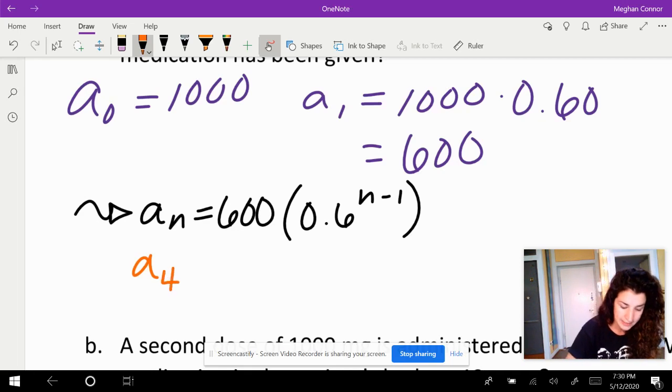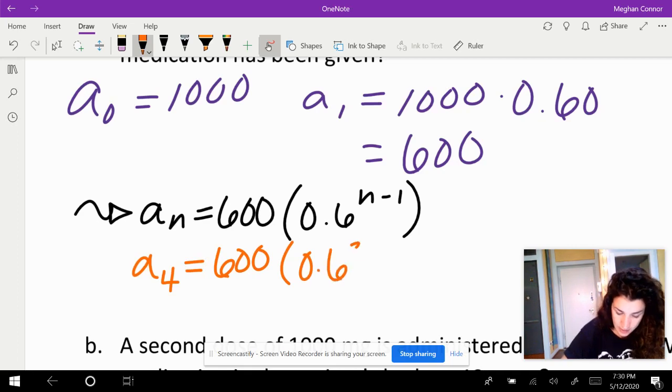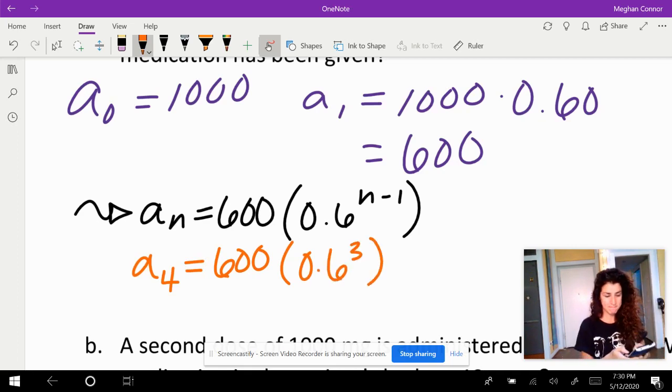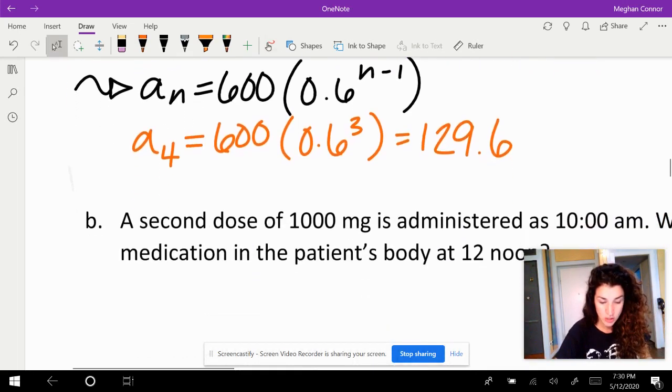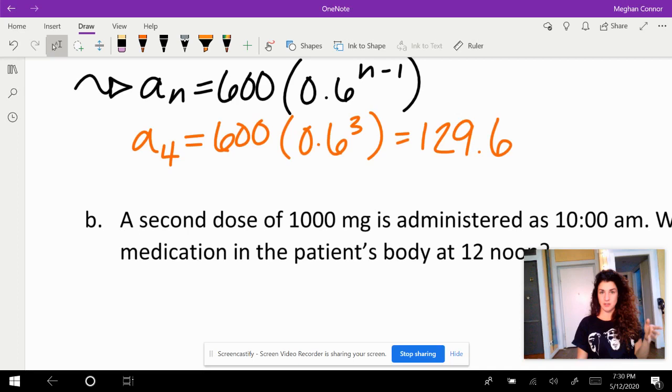So we're finding A sub 4, which is 600 times 0.6 to the 3rd power, which is 129.6. So if you're following along with your textbook, you'll notice that they set up this equation differently, but they got the same answer.